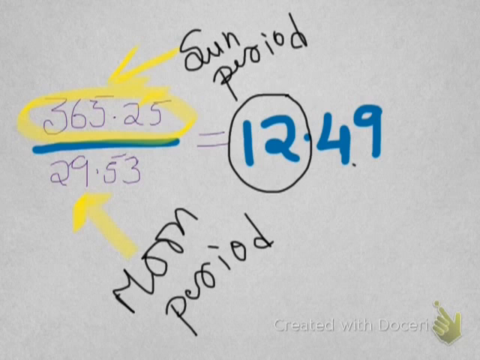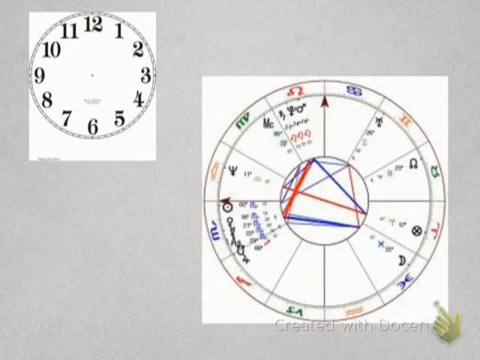If you divide the sun period by the moon period, you will get 12.49, and by eliminating the fraction, we are left with the 12, and this 12 is the basis for controlling all the rhythms on the earth. Now you know why a year has 12 months and a clock has 12 divisions inside it.